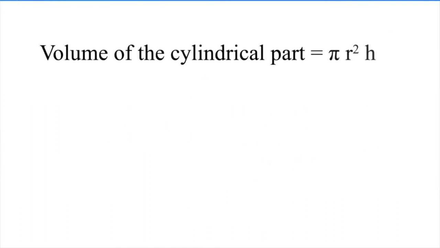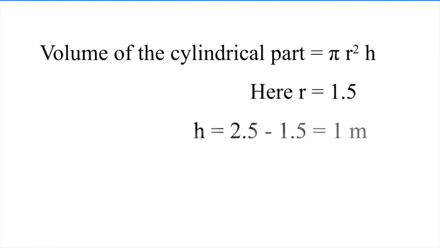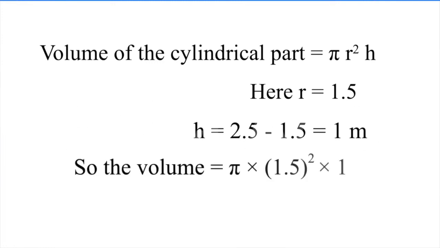Volume of the cylindrical part is pi r square h. Here r is 1.5, h is 2.5 minus 1.5 = 1 meter. So, the volume is pi into 1.5 square into 1 = 2.25 pi cubic meter.